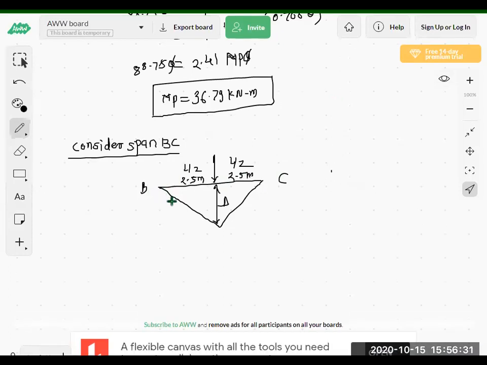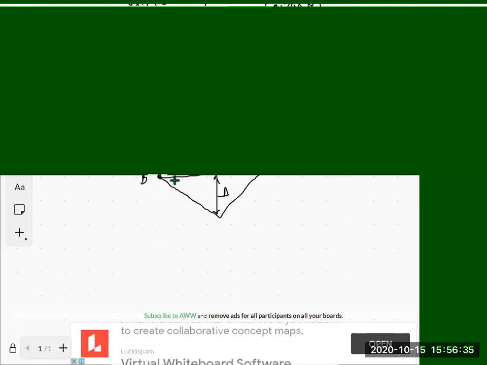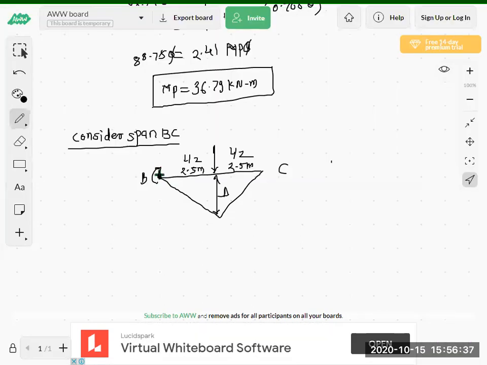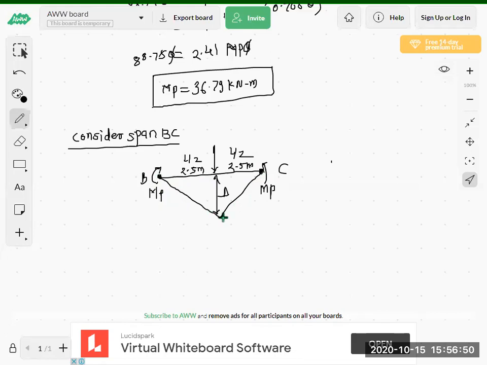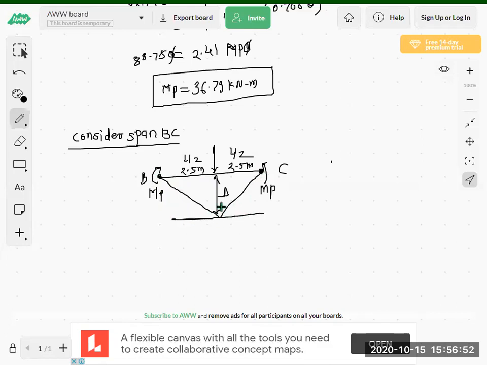Correct. This is a continuous support. So B is a continuous support. It means here a plastic hinge will form. When a plastic hinge forms, then MP will be present. Similarly, C is which type of support? Again, C is a continuous support. So also here a hinge will form and MP will be present. Now this distance is 2.5, this distance is 2.5.